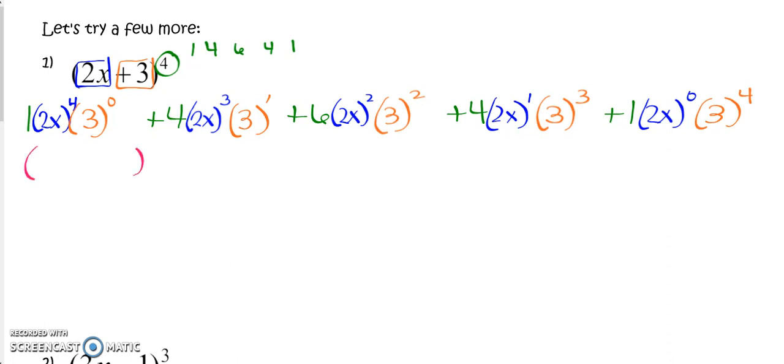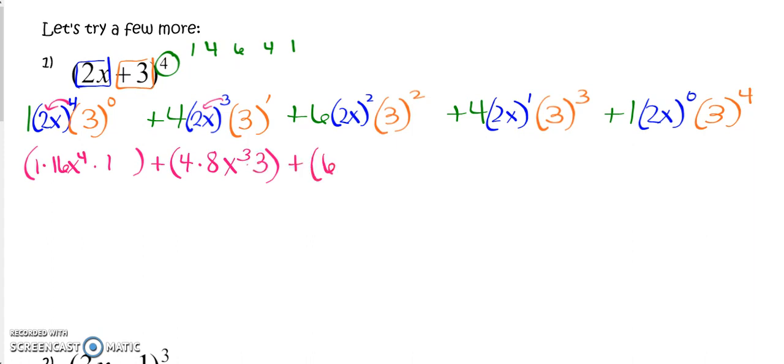So we have (2x) to the fourth. Now check this out. That exponent 4 applies to the 2 as well. So we have 1 times 16x to the fourth times 1. Over here, we have 4 times 2 to the third, which is 8, times x to the third times 3.